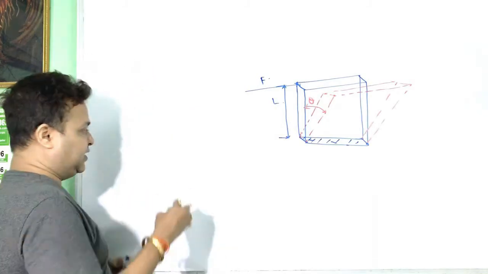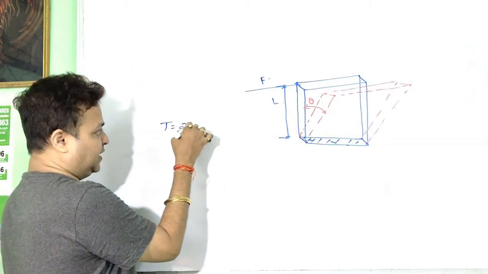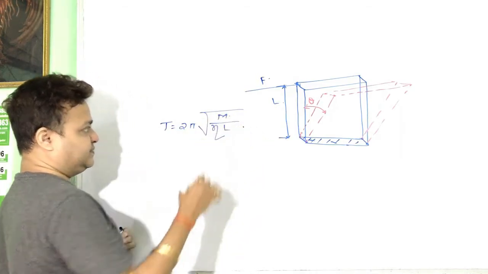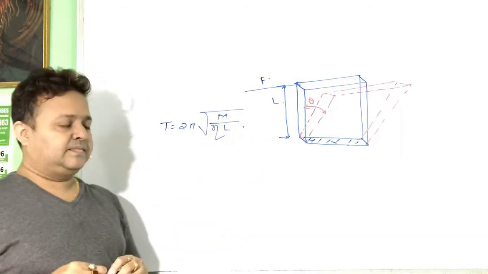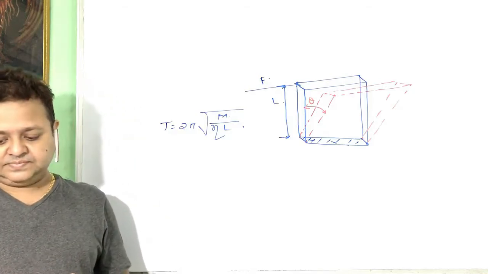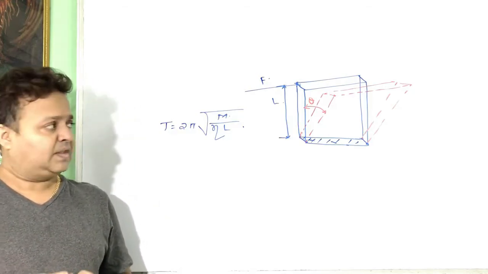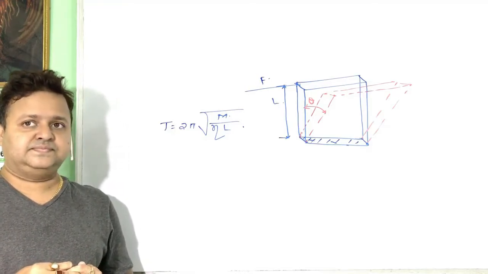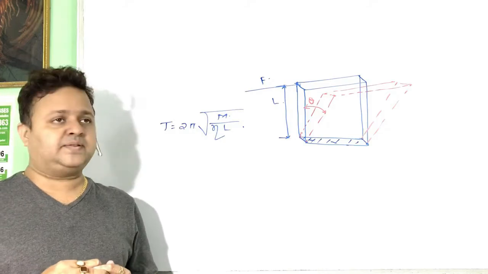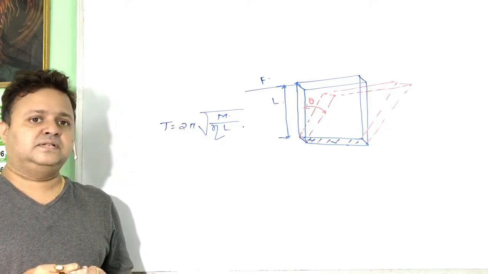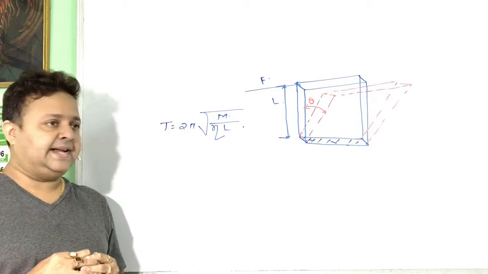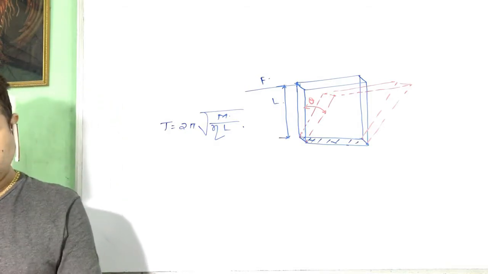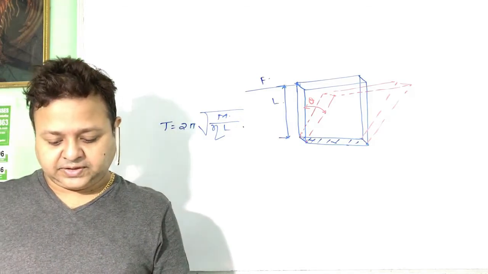Then the time period of small oscillation is 2π root over of M by ηL, where capital M is the mass of the block, and eta is the rigidity modulus or shear modulus.